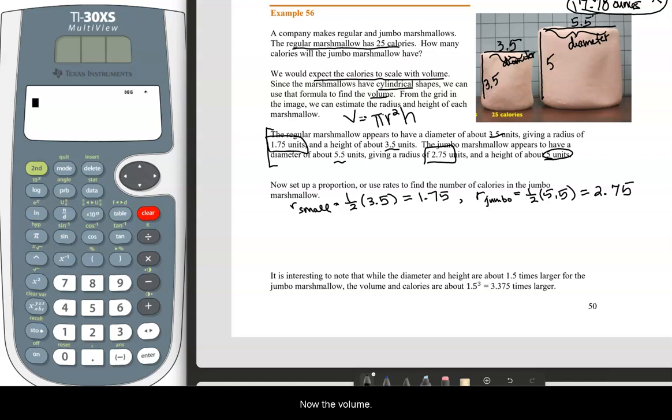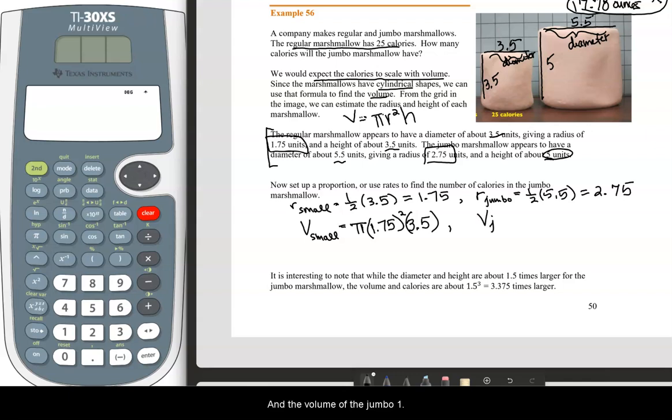Now, the volume of the small marshmallow is pi times the radius, 1.75 squared, times the height of the marshmallow, which once again the book said 3.5. So I'm going to use that number.